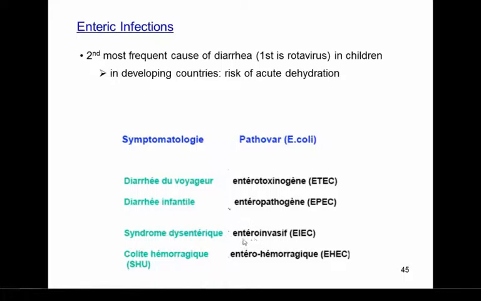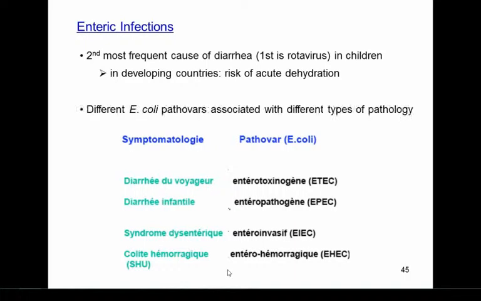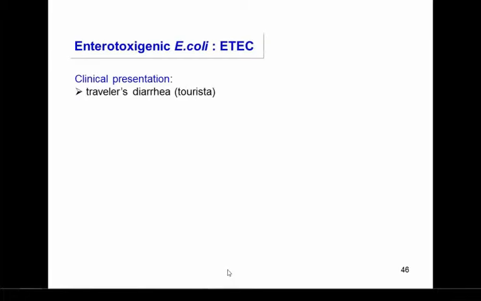Enteroinvasive E. coli give you kind of dysentery, and enterohemorrhagic E. coli give you hemolytic uremic syndrome. So the point is to try and understand how these different E. coli are causing different diseases. What are the mechanisms involved?